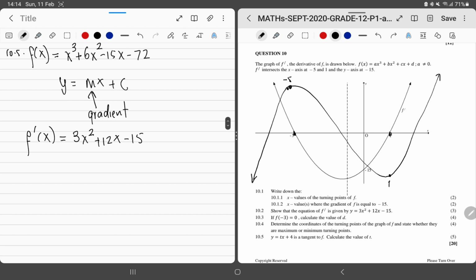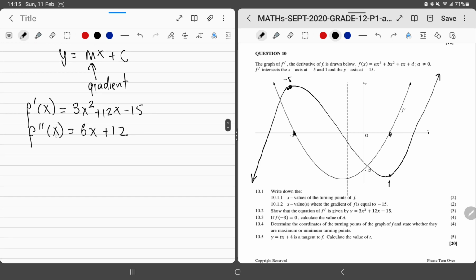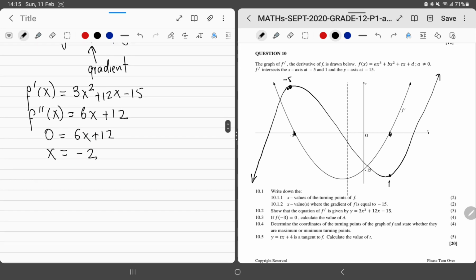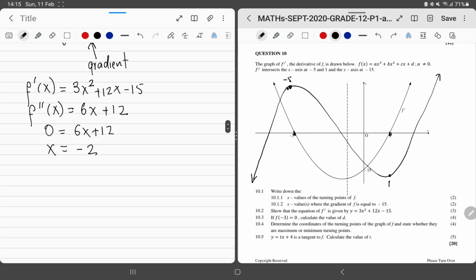The first derivative of a cubic function gives me your parabola. And then the second derivative gives me the equation of a straight line. So this is 6x plus 12. And then this should be equal to 0. 6x plus 12, x is equal to -2. So the value of x when the gradient is equal to t, it is equal to -2.